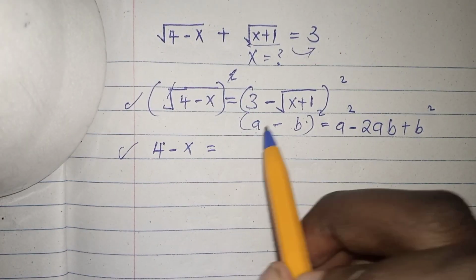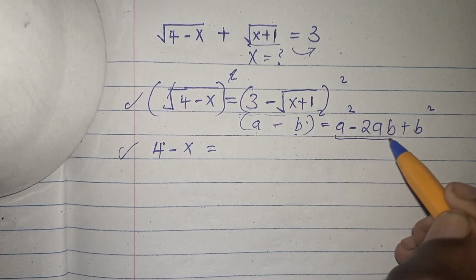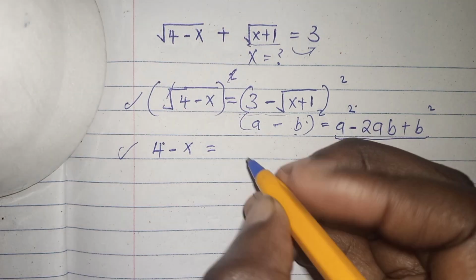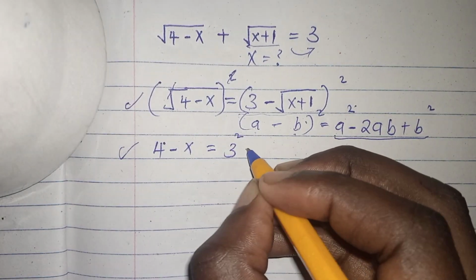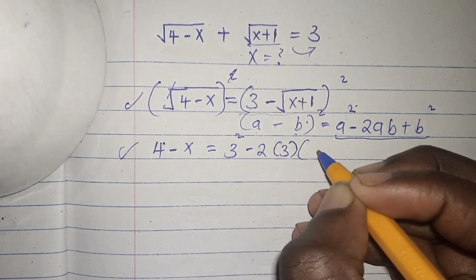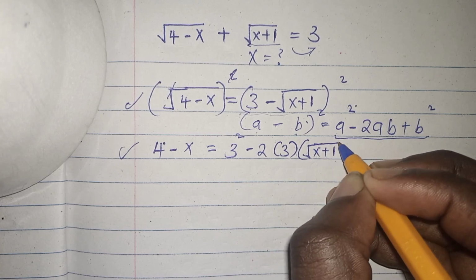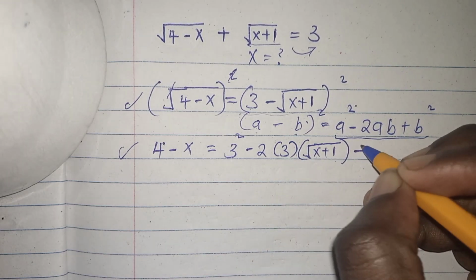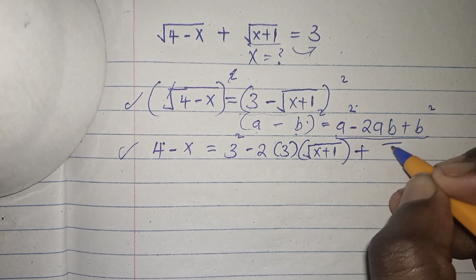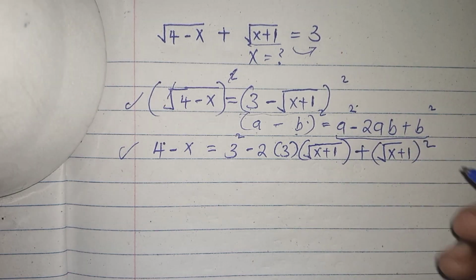So this is our a and this is our b. So let us express this into this form. So a squared, this is 3 squared minus 2, a which is 3, b which is square root x plus 1, bracket, plus b squared. So this is x plus 1, all this squared.